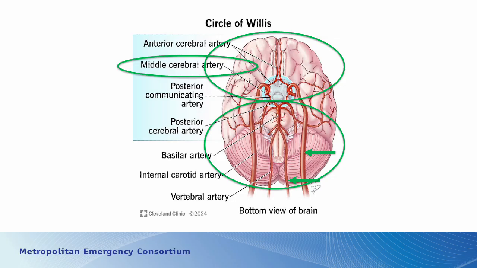We have the circle of Willis, in the middle of the brain, where all these four arteries are connected, so it pretty much assures blood supply to the brain. But when we talk about anterior, posterior, middle cerebral, carotid, and vertebral arteries, I just want to make sure you have some basic understanding of the anatomy.